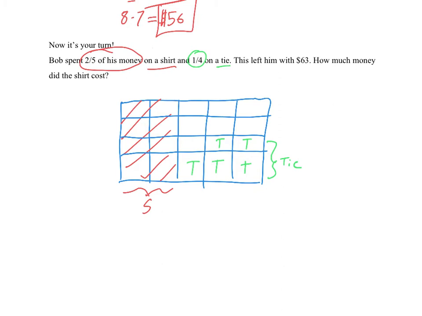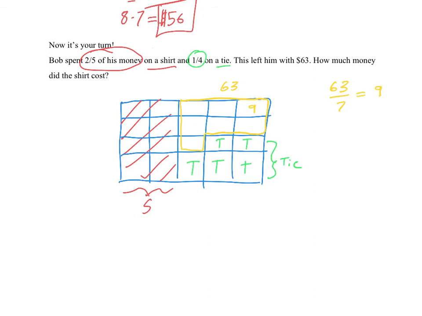This time the leftover amount is this kind of funny shape here. Again, it's $63, but this time there's only 7 units within that $63. So this time we have our smallest unit as 63 divided by 7, and this time that's 9.